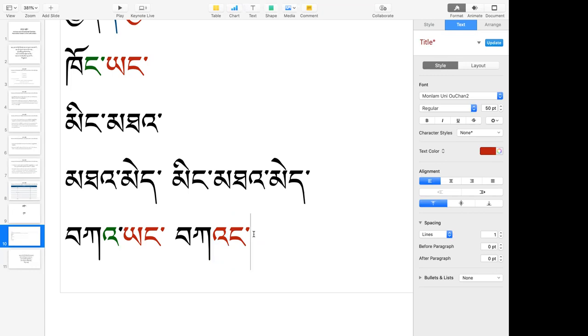If one says that this is also a suffix letter, then how is it possible?